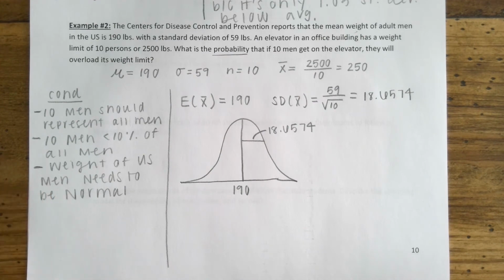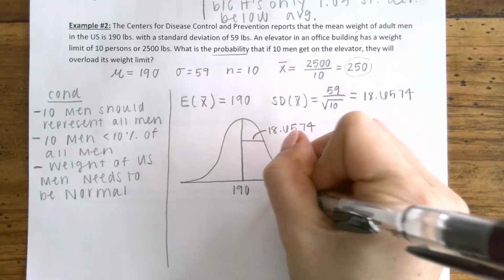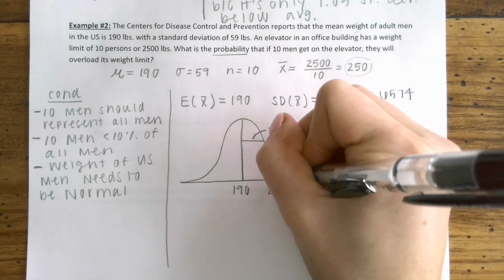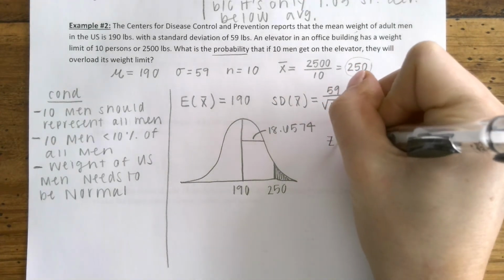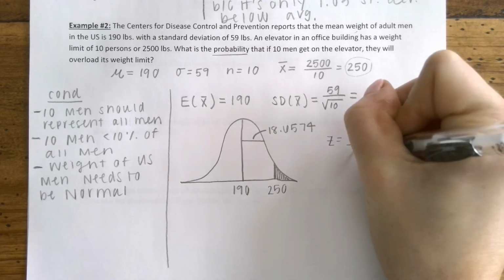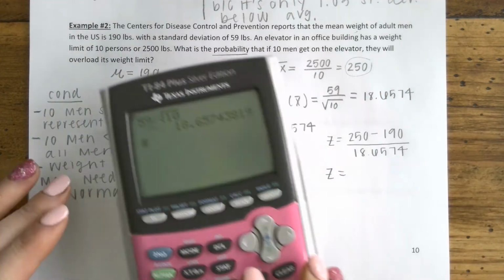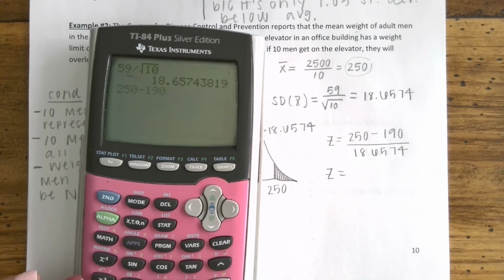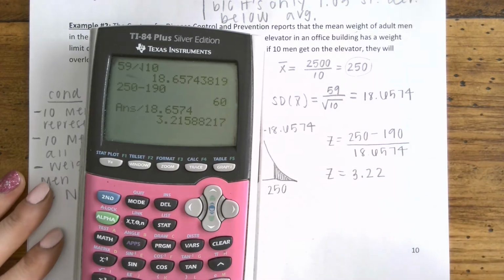I am looking for the probability that these 10 men will overload its limit. So we found an average of 250 pounds for those 10 men. And if they're overloading the weight limit, that means that it would have to be greater than 250. I'll go ahead and change 250 into a z-score. So 3.22, which is pretty high.